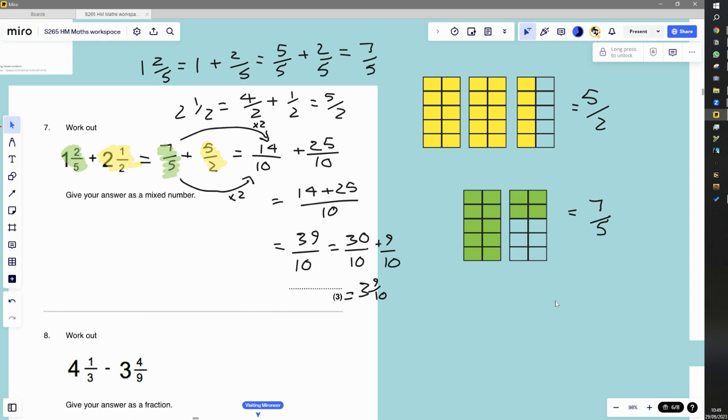So we take each of the 5 bits and we chop it in half, and then split the whole thing down the middle like that, and then you've got 10 bits. And equivalently, you do the same there. You can see that this is now the same as that. So we can see that 5 over 2 is the same as 25 over 10, which is what we said there. Okay, let's highlight it again.